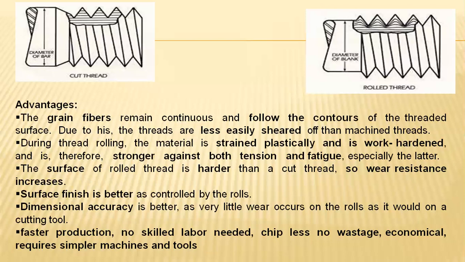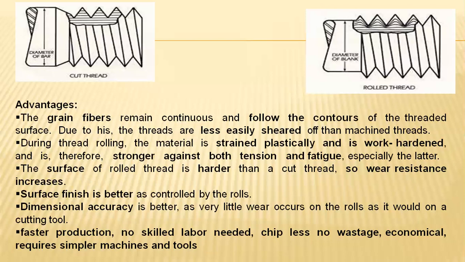So repeated load and the tension are created by the application of the force. Hence, the surface of this rolled thread is harder than the cut thread. Hence, wear resistance will be increased and the coefficient of friction reduced.